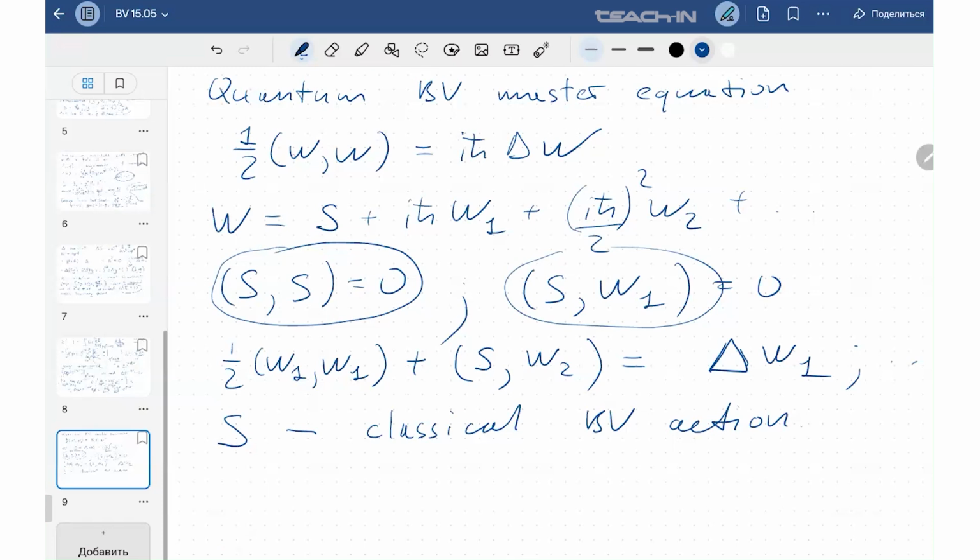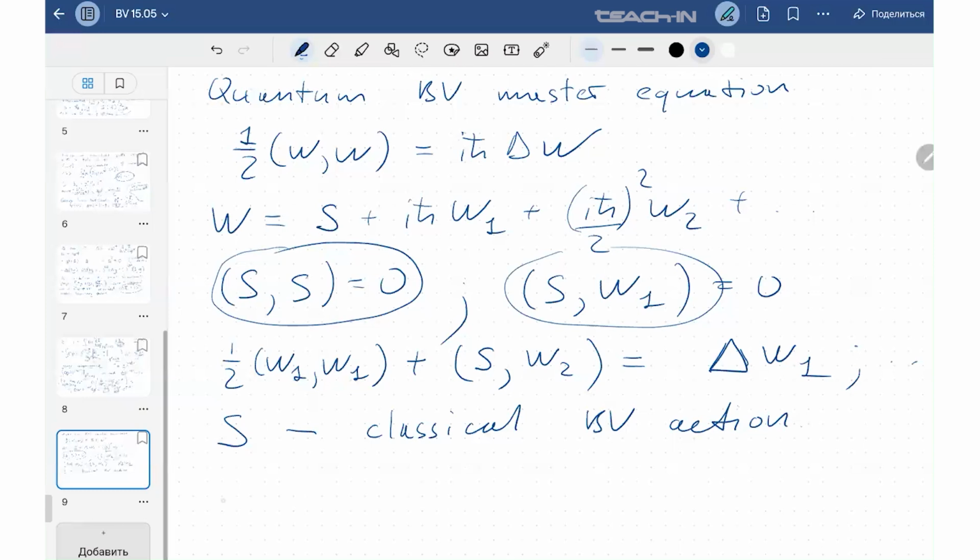So we see the equation on the quantum BV action. It's a deformation of the classical BV master equation. But what we really need is not just a gauge independence of the path integral of the action, but a gauge independence of quantum averages of observables, right?